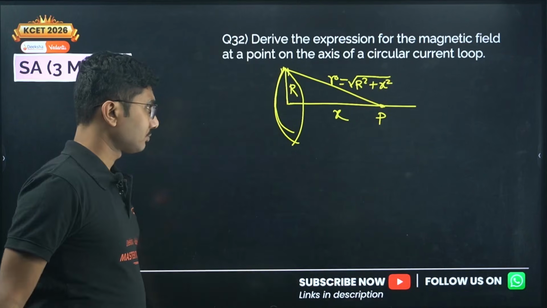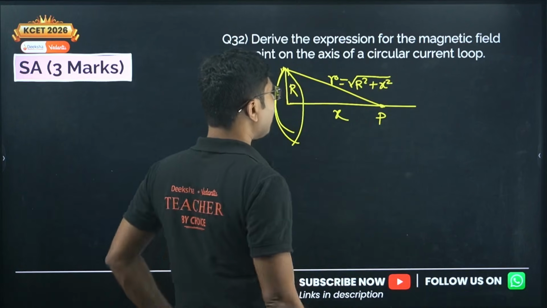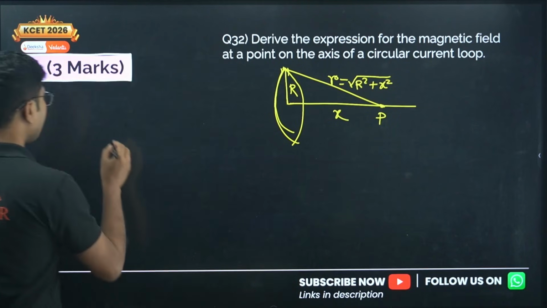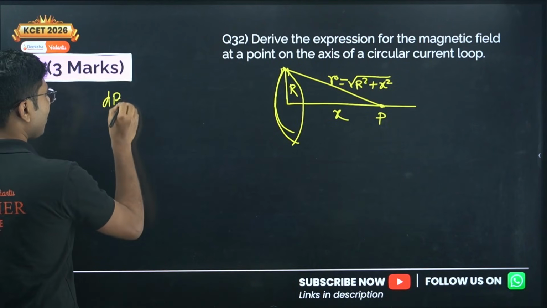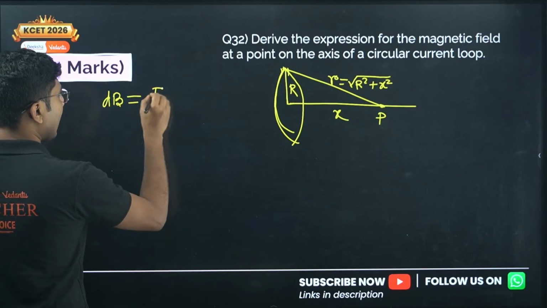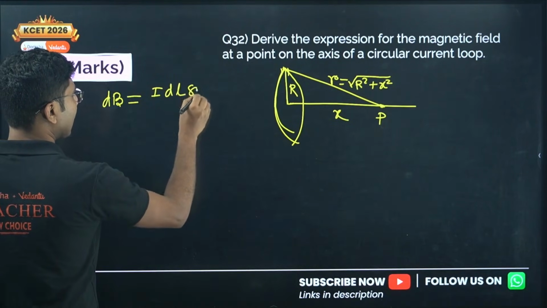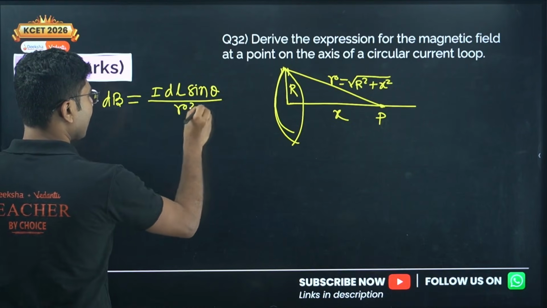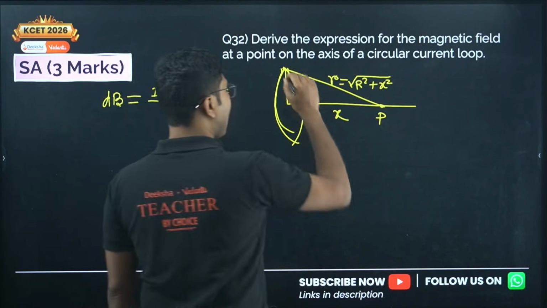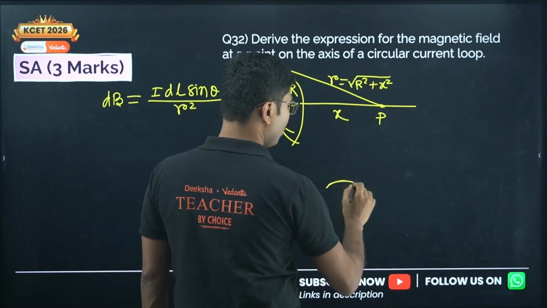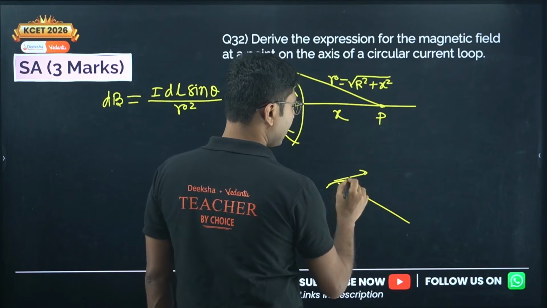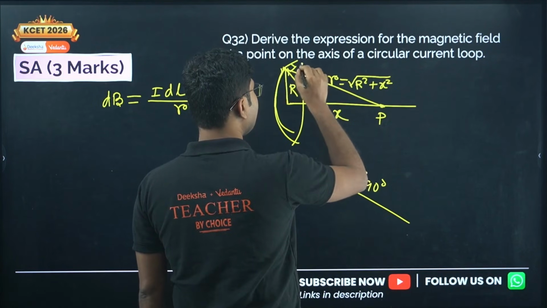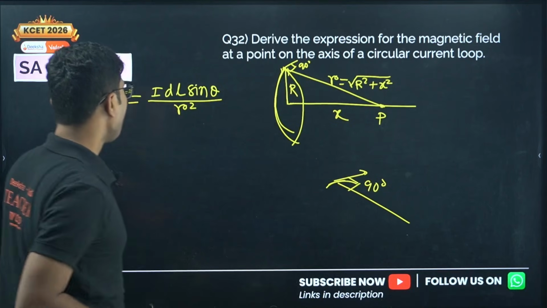Now we will apply Biot-Savart's law, which states that the magnetic field due to a small element is given by I dl sin theta upon r square. Here theta is the angle between the element of the loop and the distance vector, which is actually 90 degrees.